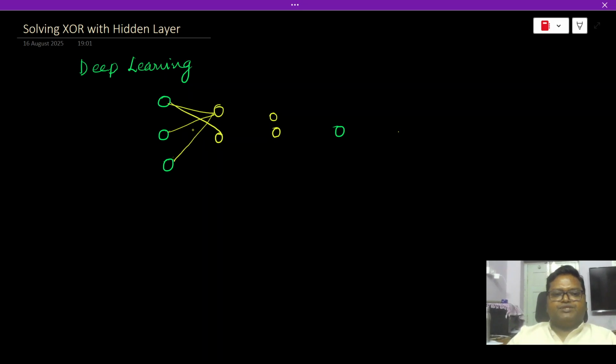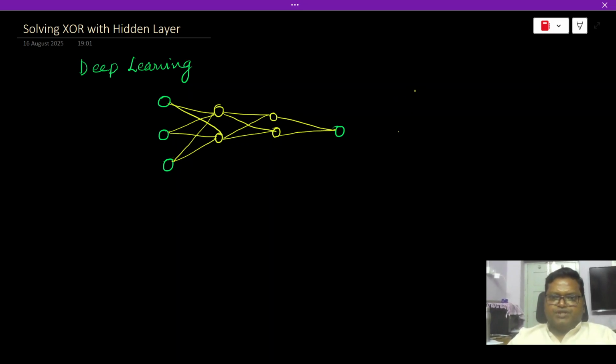All the neurons are connected. So deep learning is a learning where you have a number of hidden layers.